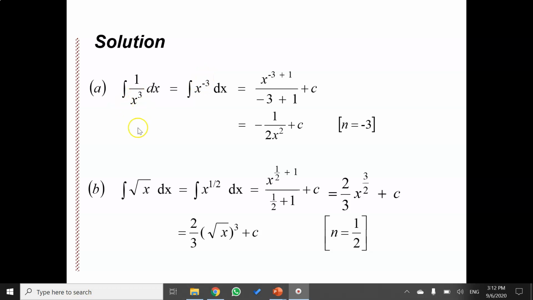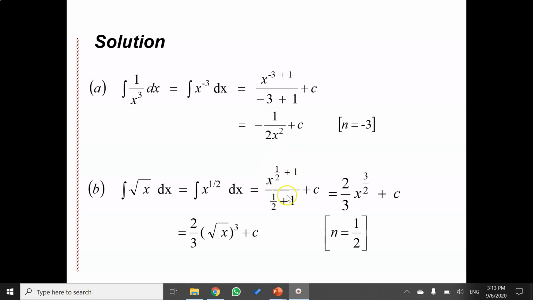Okay, for B, integrate square root of x dx. So remember, square root of x is actually equal to x to the power of half. When we integrate this part, you will get x to the power of half plus 1. And then don't forget to divide it with the new power.